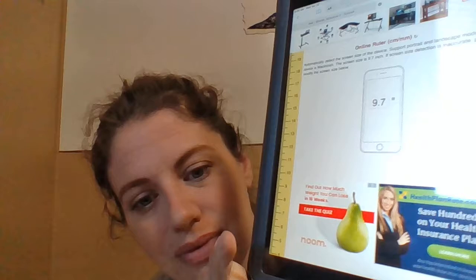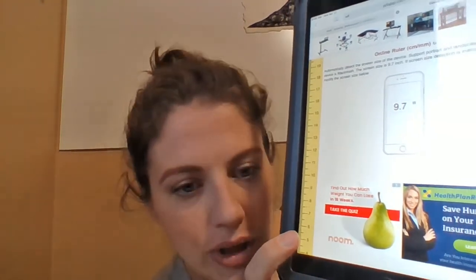If you have an online device, though, and you don't have a ruler at your house, you can search Google. I just searched Google for online ruler. There are some ads on this page, but it gave me a ruler that I can hold my paper up next to.